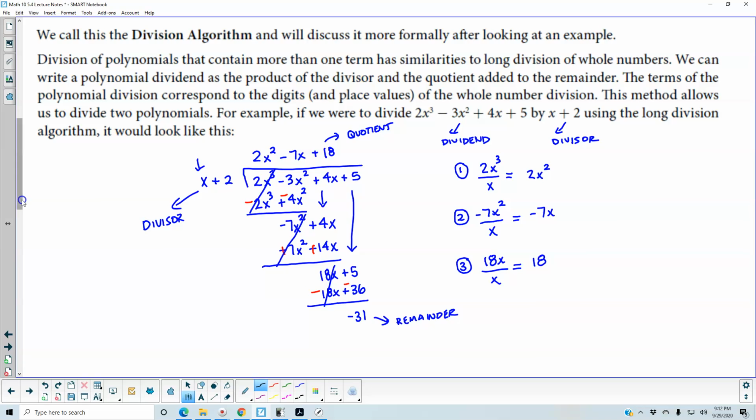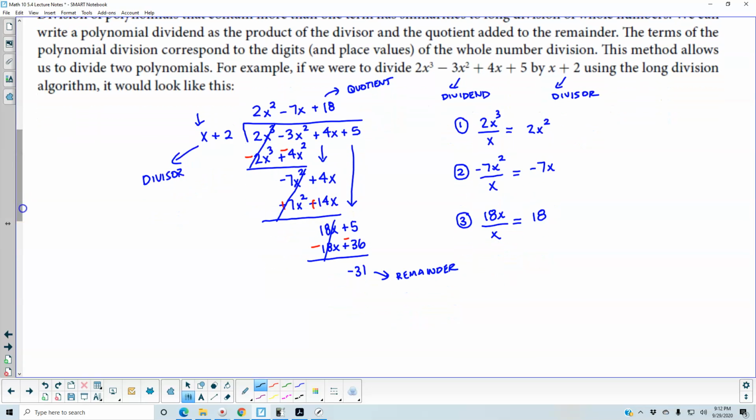So if we want to write this like we did above, recall that we have the quotient plus the remainder over the divisor. So the way we would write this is the following. We know that the quotient is 2x squared minus 7x plus 18.